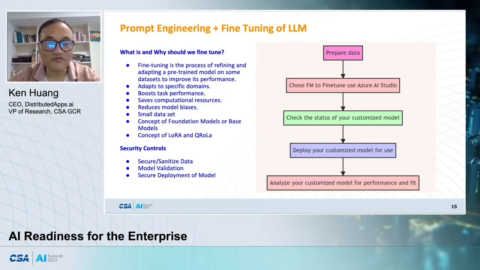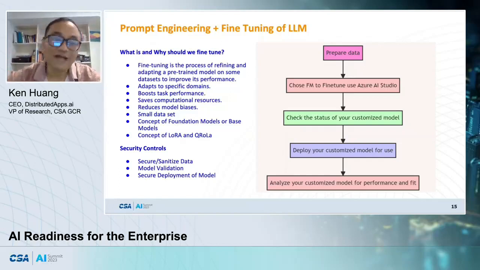So it's more to fit your needs and also adapt to your specific domains. It can also improve the performance and save your computational resources. Another way is really if the foundation model comes with bias, you want to reduce the bias with your own training set.